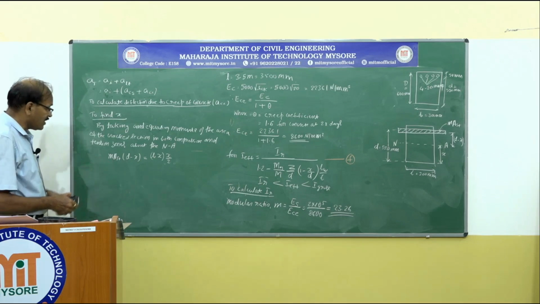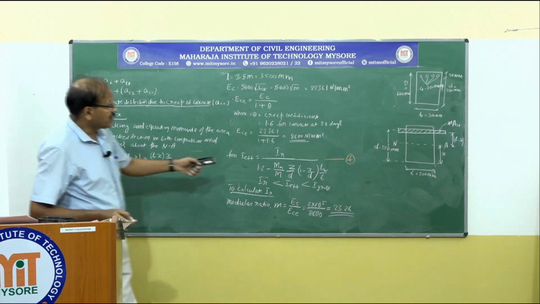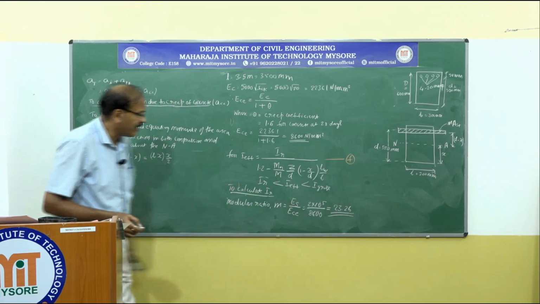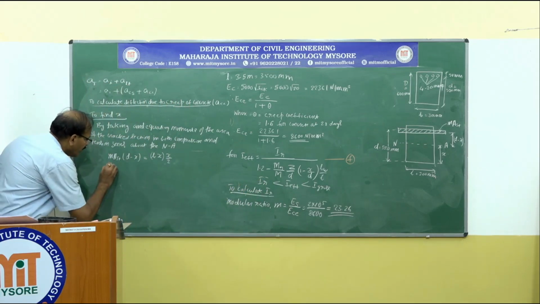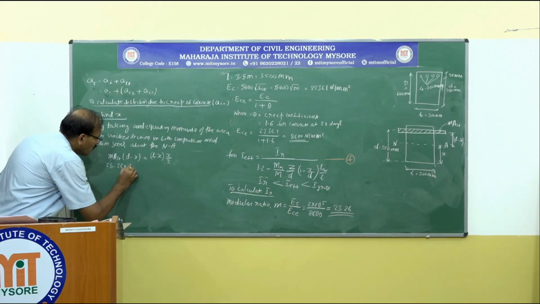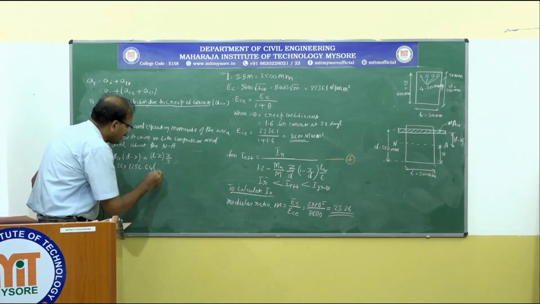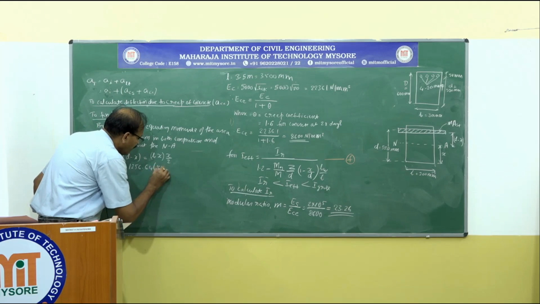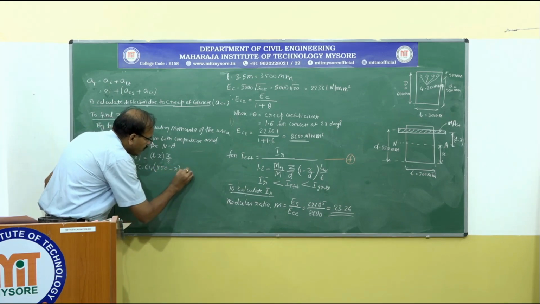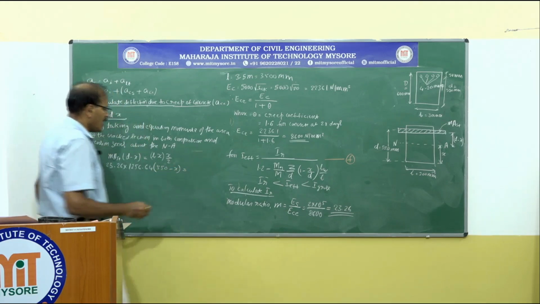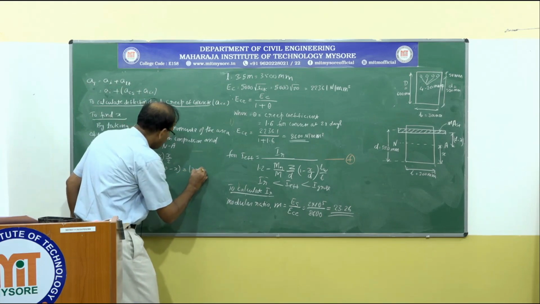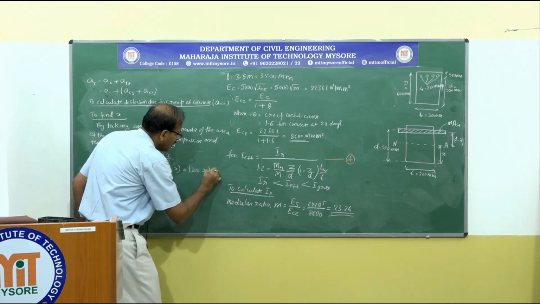So m, which we just now calculated, is 23.26, into Ast 1256.64, D is the effective depth, that is 550 minus x, which we don't know yet, and B is 300, x by 2.